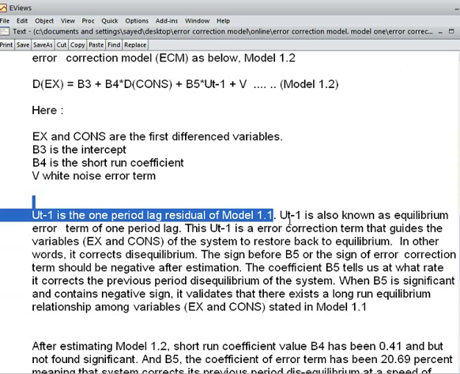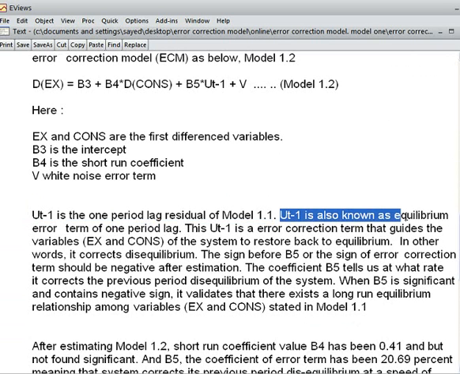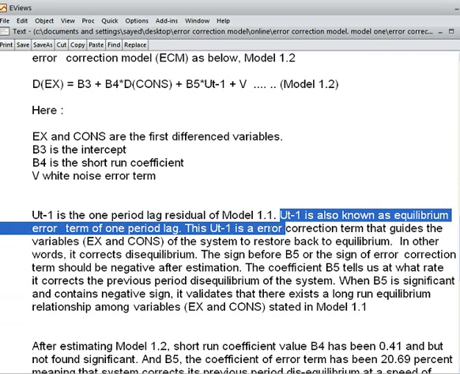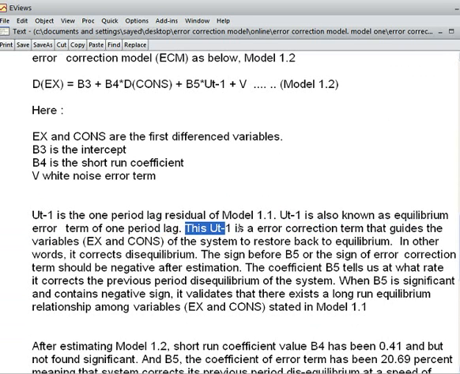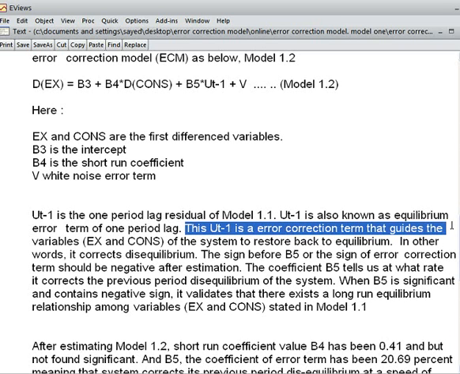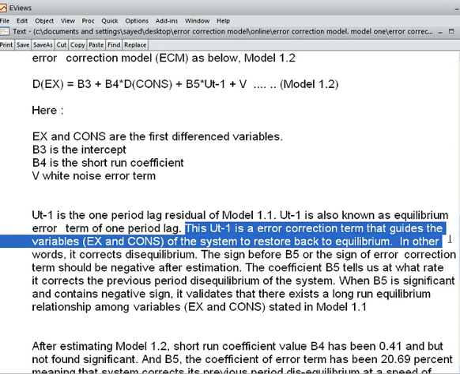ut minus 1 is also known as the equilibrium error term of one period lag. This ut minus 1 is the error correction term that guides the variables, such as ex and cons, of the system to restore back to equilibrium.